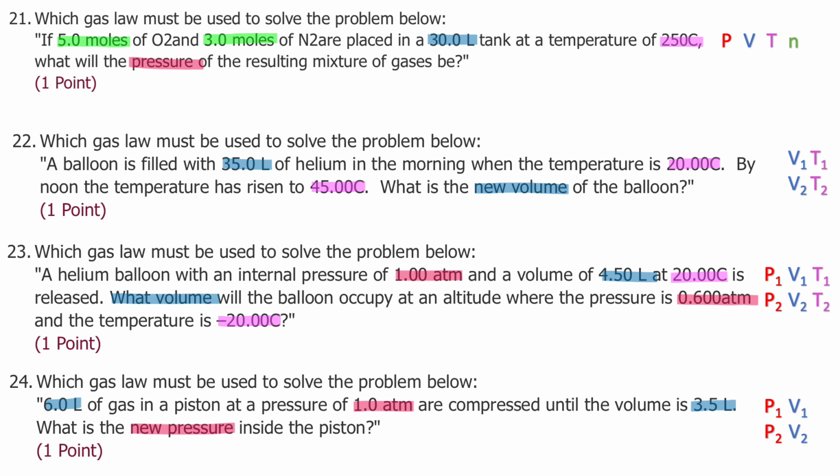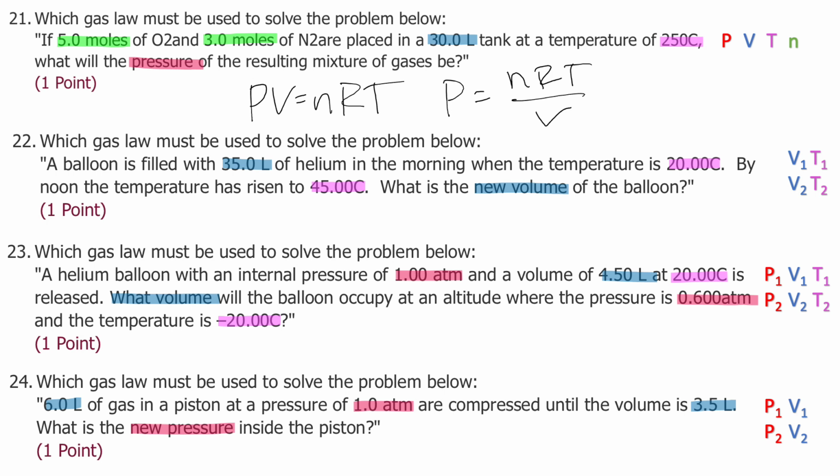So if we have P, V, T, and N, this is going to be the ideal gas law, which is PV equals nRT. Since we're solving for pressure, technically P equals nRT over V.